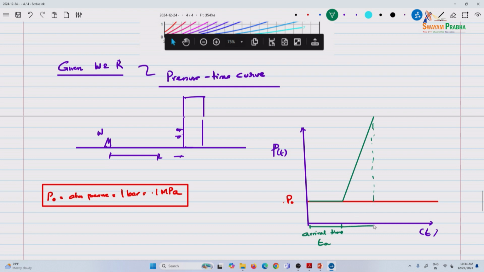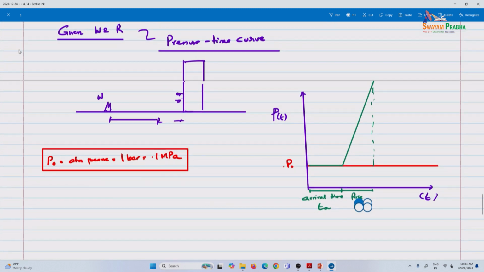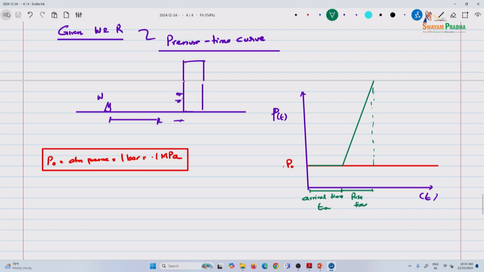So this is the rise time. These are very quick, perhaps even less than milliseconds, the rise times. And then the peak pressure, and then the curve actually will sort of exponentially decay.